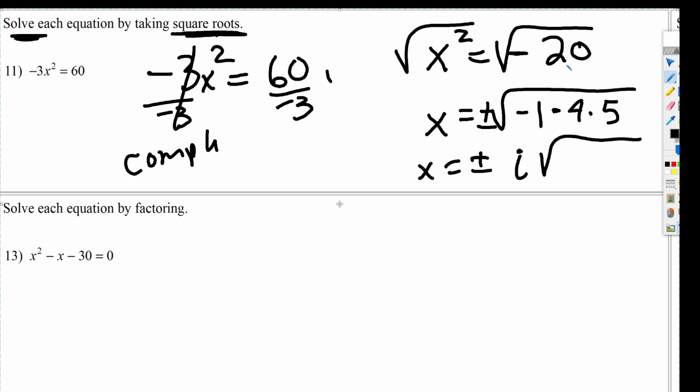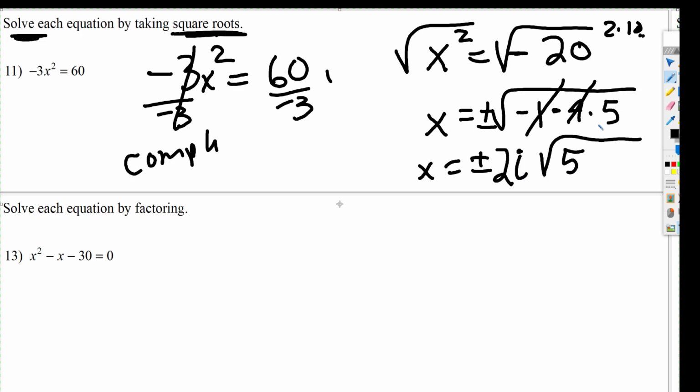as 4 times 5. And notice we could have written 2 times 10, but neither one of those are perfect squares. 4 is a perfect square. And that's the whole point to doing it this way. The square root of 4 is 2, and then a 2 comes out.